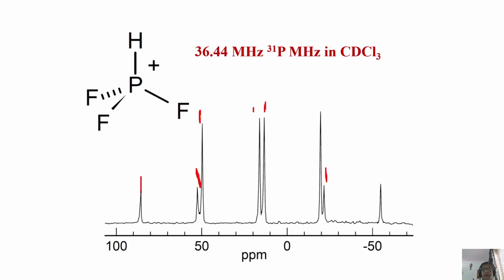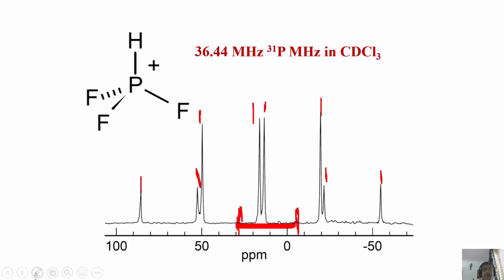This and this form another quartet. So now this quartet, if you take 1, 2, 3, and 4, find out the center of that. Let us say this is the center, and find out the center of the other quartet.